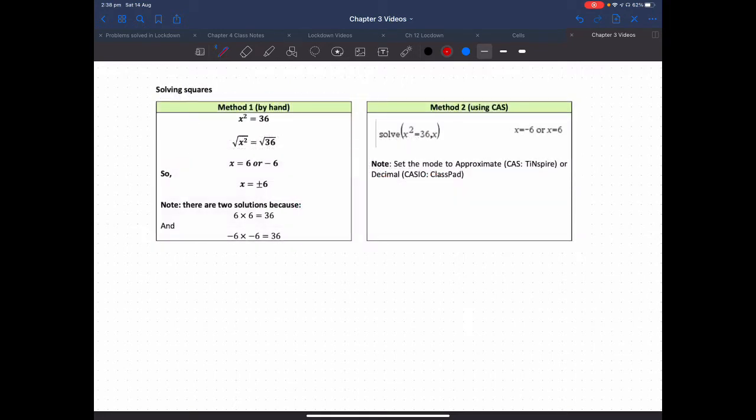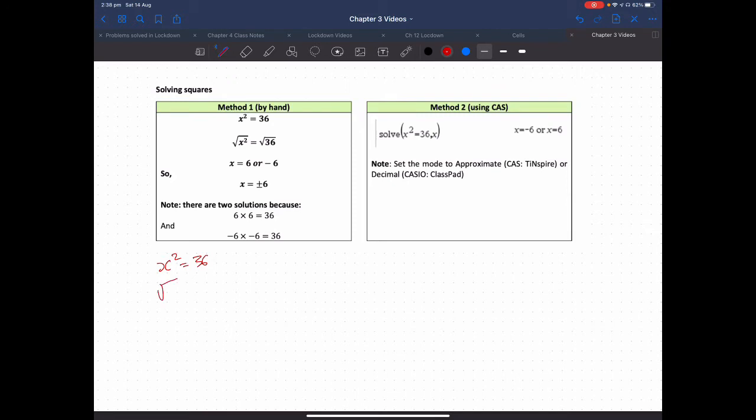Firstly here, you're reminded about solving squares. So we're given x squared is equal to 36. So what we need to do is take the square root from both sides, because the opposite to squaring is square rooting.